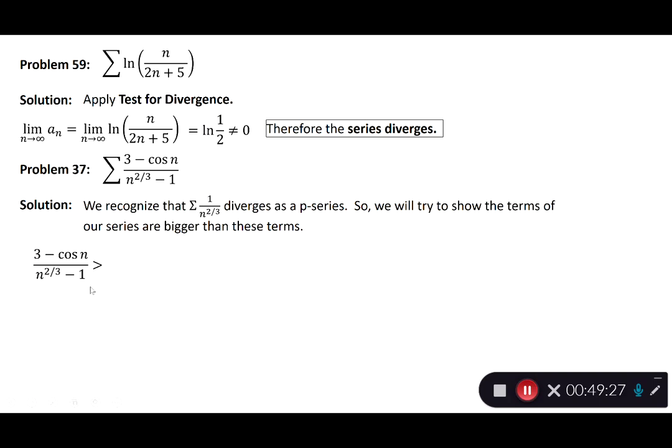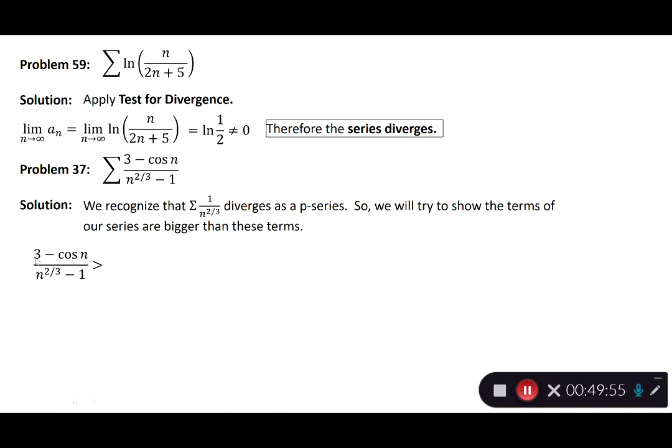So if we allow this cosine n to have its maximum value of 1, then 3 minus that 1 is 2. Right? So you would be subtracting the biggest quantity of cosine n from 3. So that means it becomes 2.